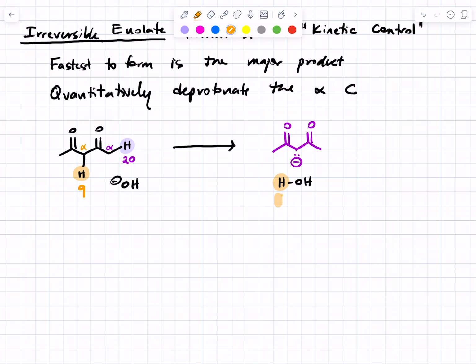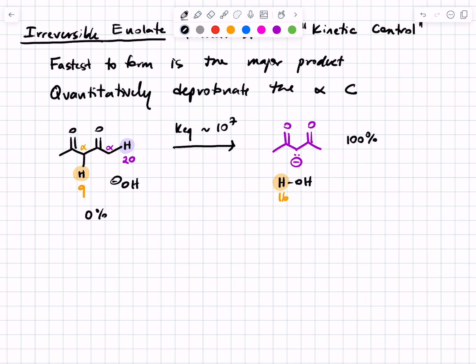Nine here, 16 for water. That equilibrium constant is, let's see, around 10 to the 7th, which basically means we have 100% of this and 0% of this.